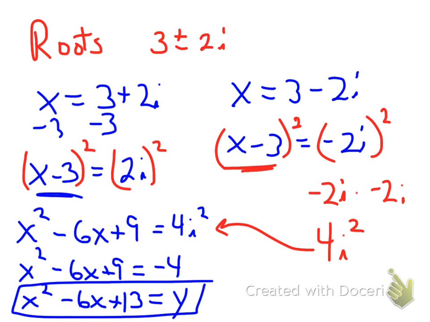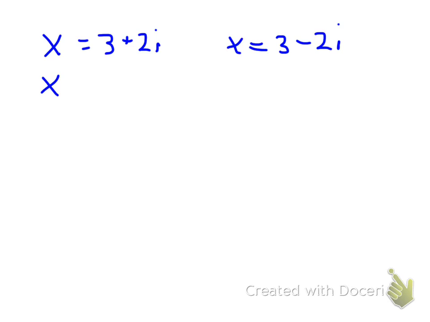A secondary method would be, again, looking at my factors here. If I have a root of x equals 3 plus 2i, and x equals 3 minus 2i, my factors are going to be x minus 3 minus 2i equals 0.